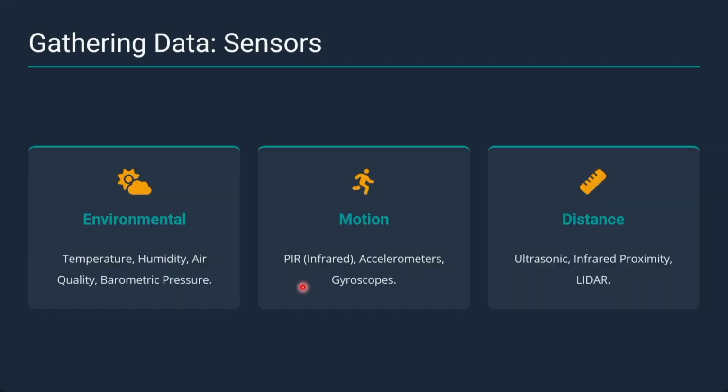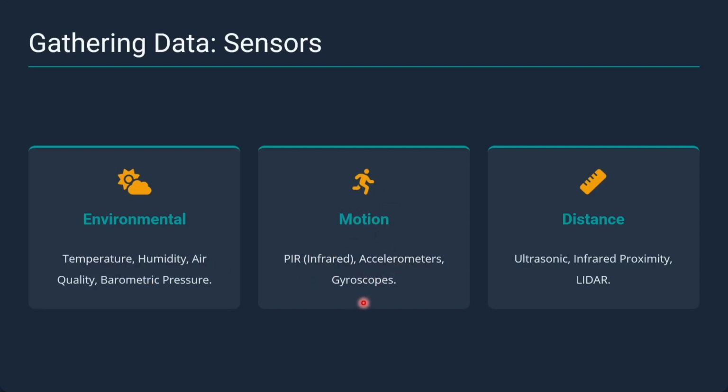Now we will see how we gather data using different sensors. Okay, for environmental data we have temperature. To collect temperature we have those sensors. To collect humidity we have those sensors. To check air quality we have sensors. For all these things we have sensors. If you want to check motion we have the PIR sensor or accelerometers or gyroscopes.